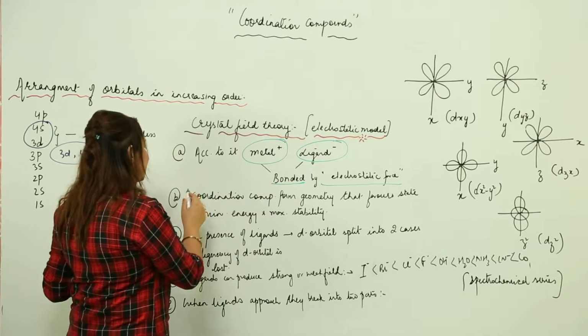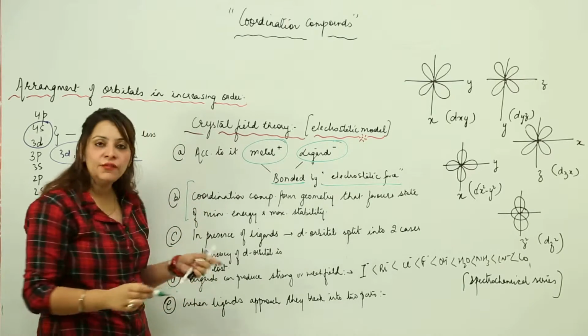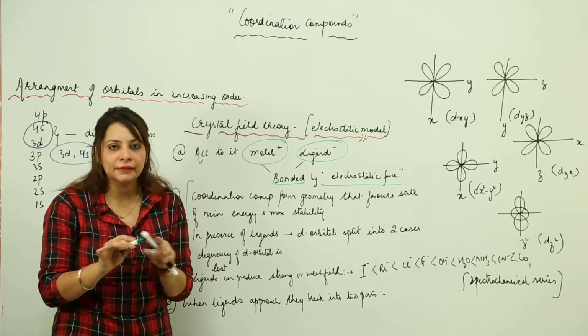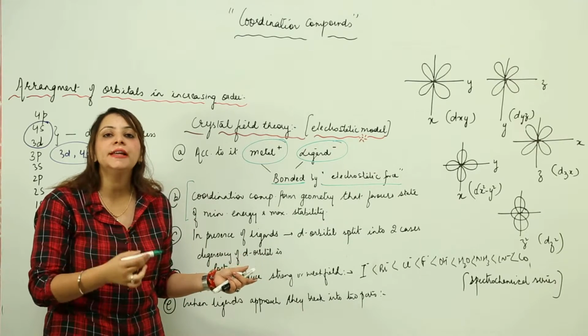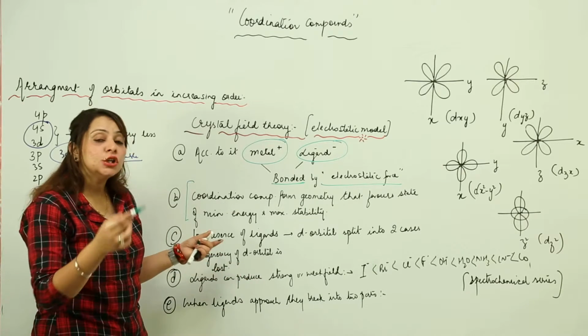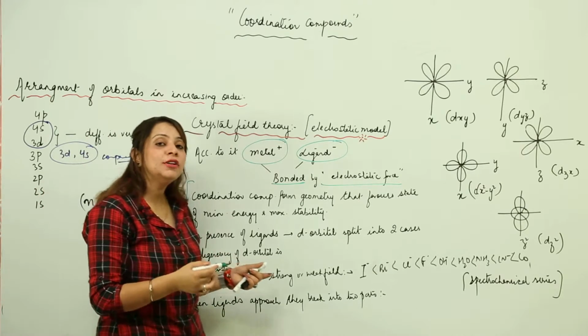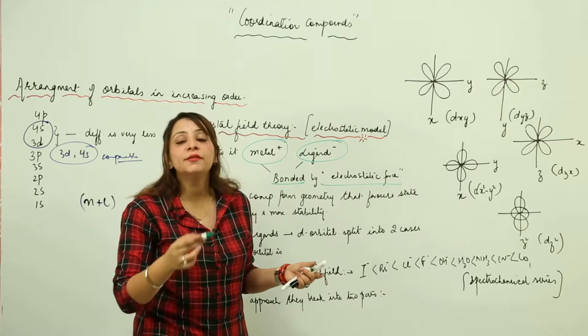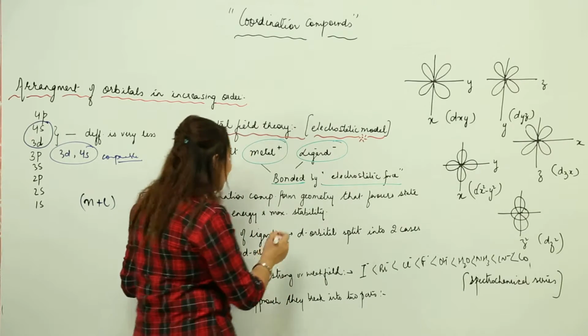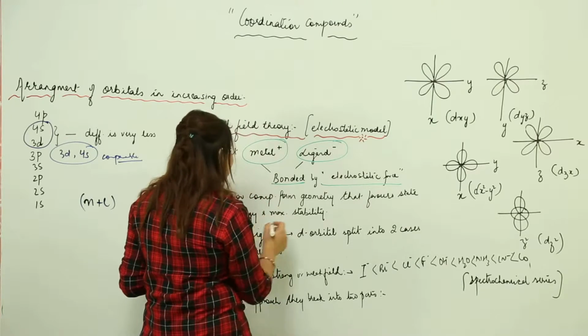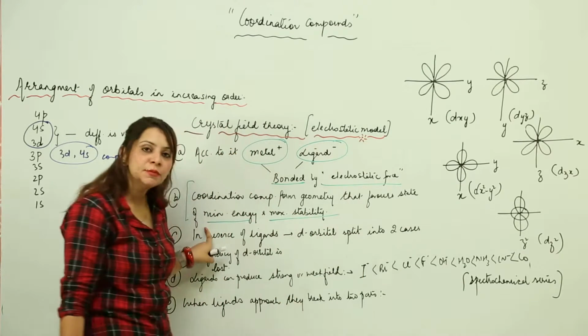The second thing this suggests is, when they bond, the bond is going to be coordinate, like we have done in the past, that in coordination compounds strictly the bond is a coordinate bond. If we talk about the geometry in this case, which geometry will be favored? That geometry will be favored which minimizes the repulsions, or which has minimum energy and maximum stability.